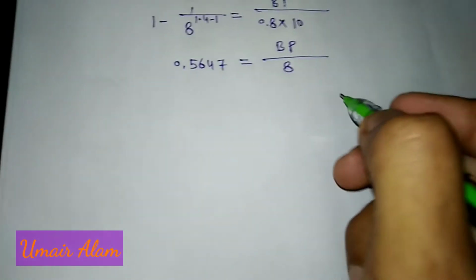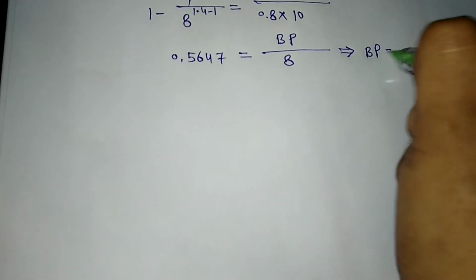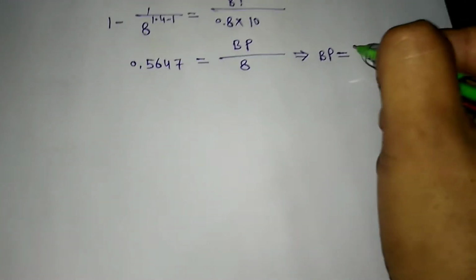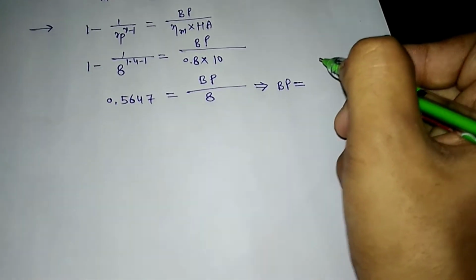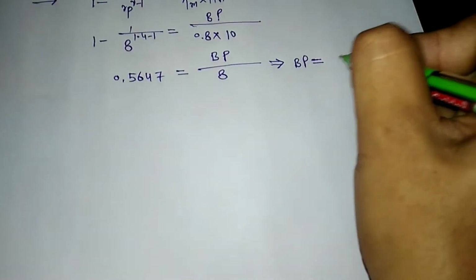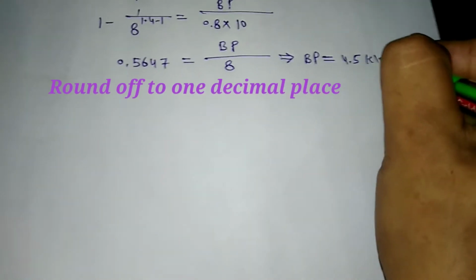So from here the brake power will be equal to 5.4, and this is in kilowatt.